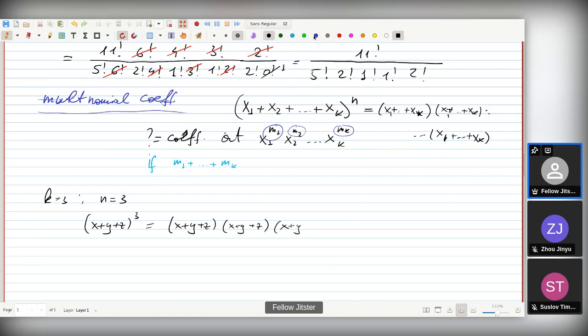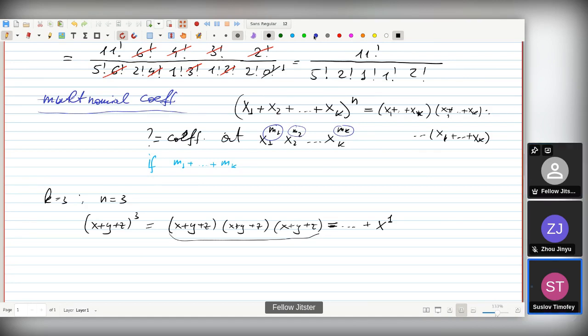Look, can we have here the following summand, x to the power 1?